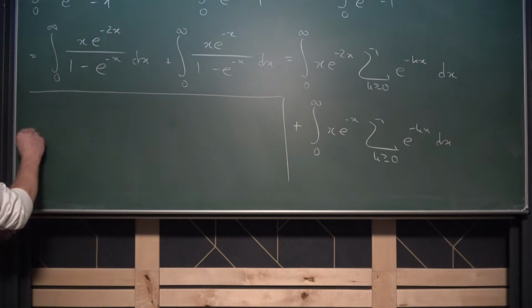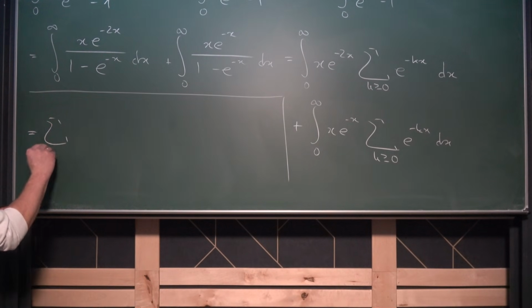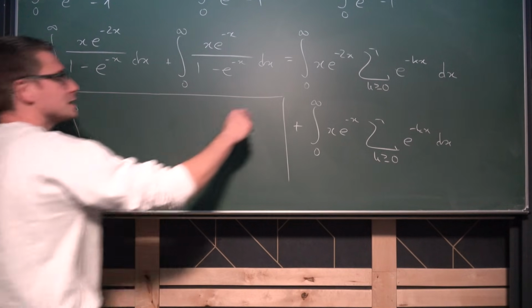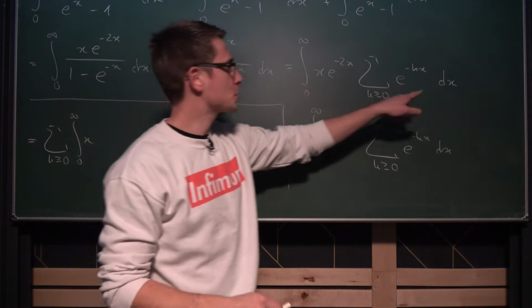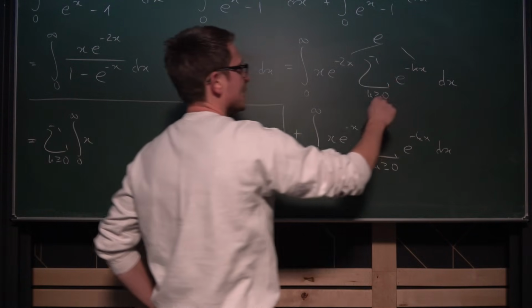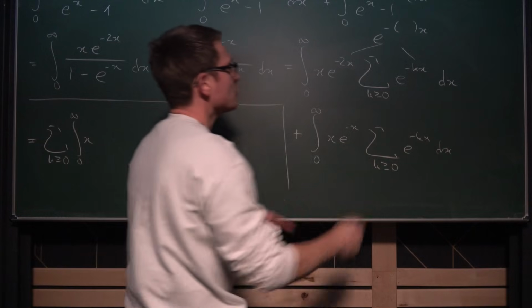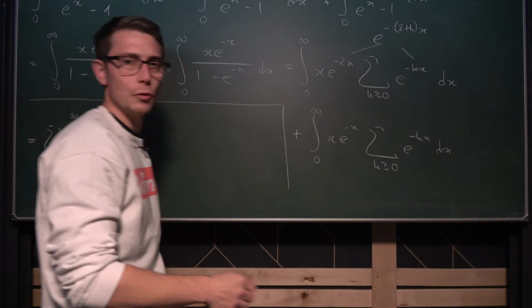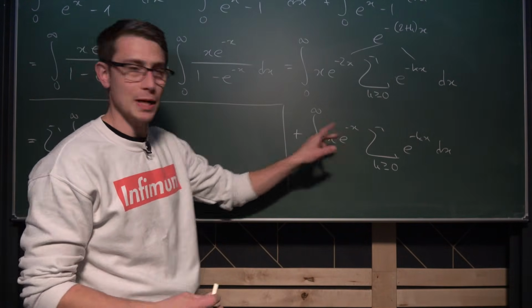So this right here is going to turn, for now, that is a middle step, into, on the one hand, our infinite series, where it ranges over the integral from 0 to infinity of x times, and then we have those two terms combined, multiplied together, are going to turn exactly into e as the base. Then we have a negative sign and the x, and then we are going to have 2 plus k, or k plus 2, it really doesn't matter. And the same thing down here, but we obviously just have k plus 1.